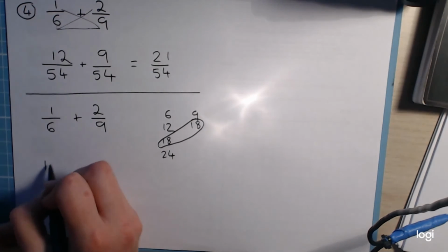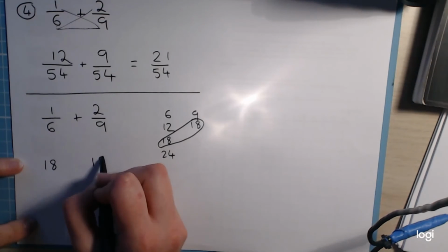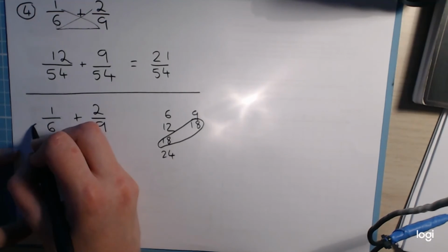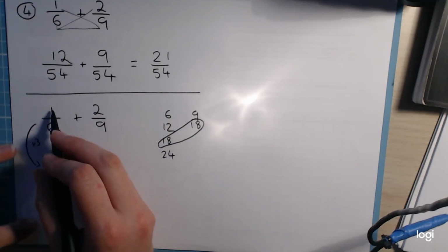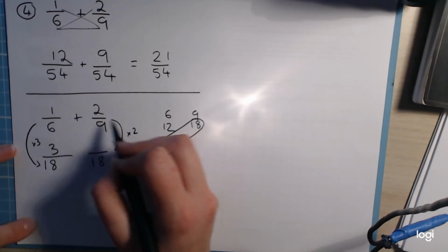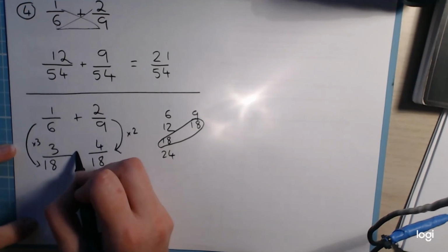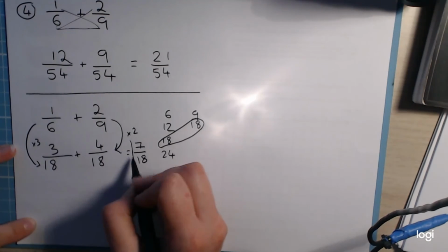Over 18. Okay, 18, 18. We've got 6 has been multiplied by 3 to get 18, so 1 multiplied by 3 is 3, and this side's been multiplied by 2, so we get 4 on the top. Add those together and we do get 7/18, okay, which is the answer.